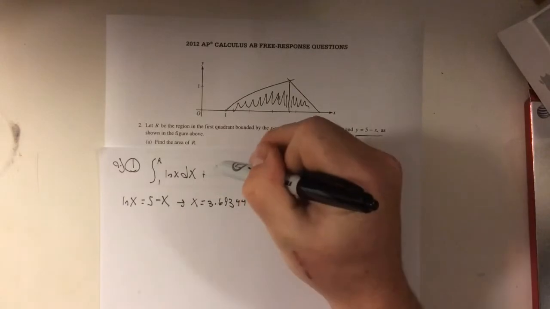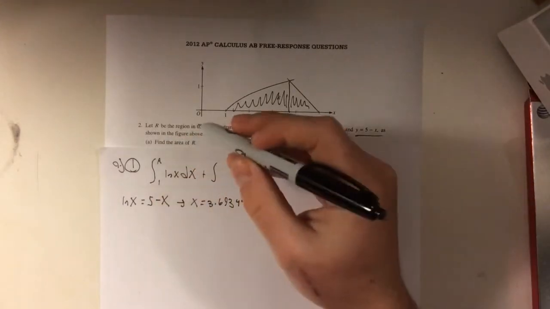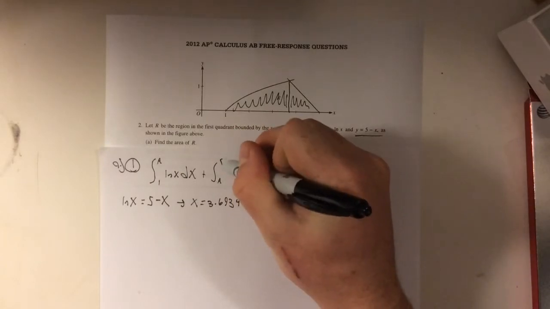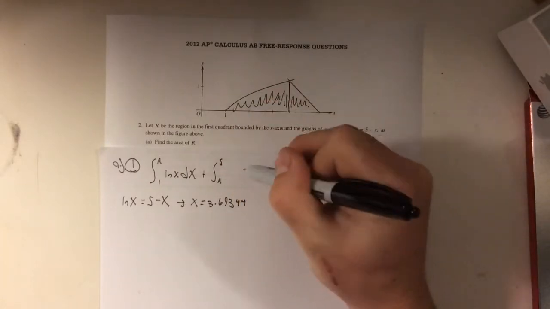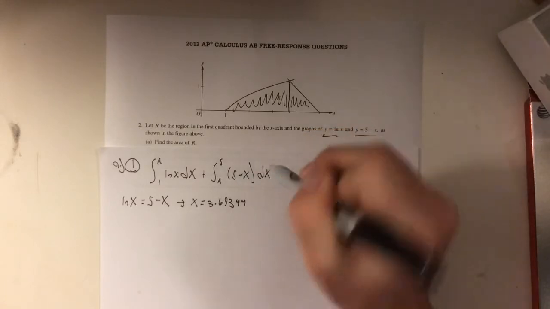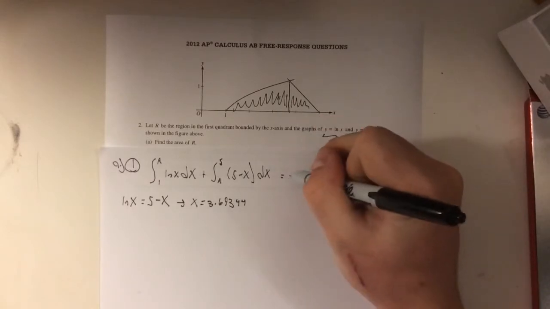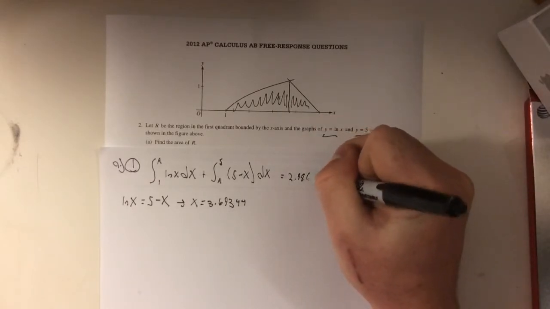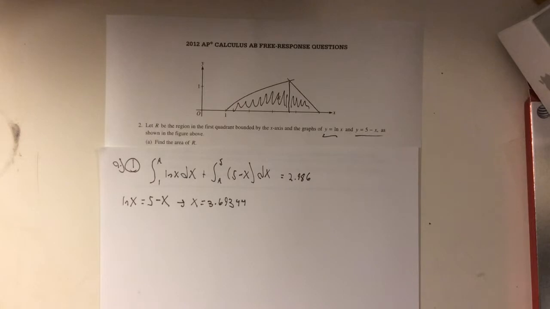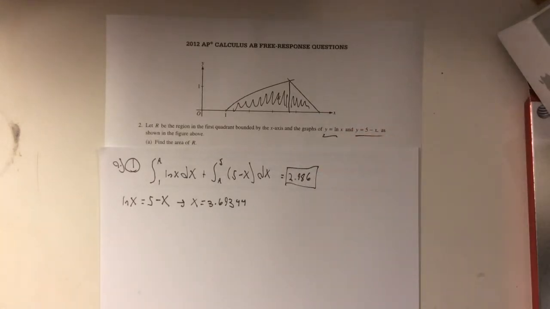So we're gonna add the integral from A to 5 of 5 minus x dx. It ends up equaling about 2.986. And so there you have it. That's the first way we can attack this problem.